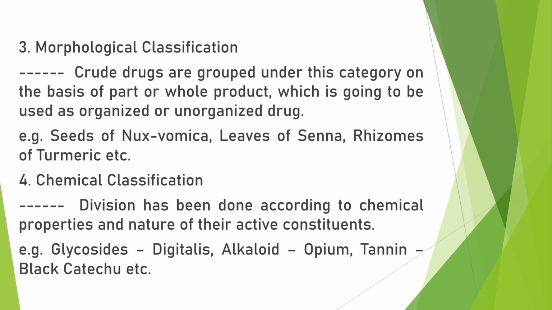Means it refers to the statement that the morphological and taxonomical categories, what I have discussed earlier, are quite similar along with the characterization of chemical properties of the drug that we are going to categorize under chemical classification of crude drugs.